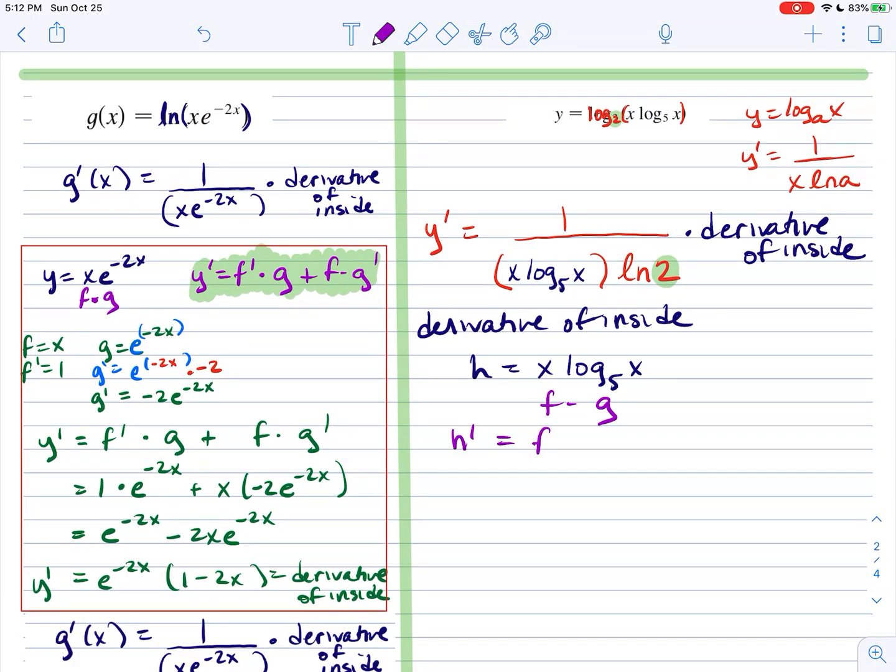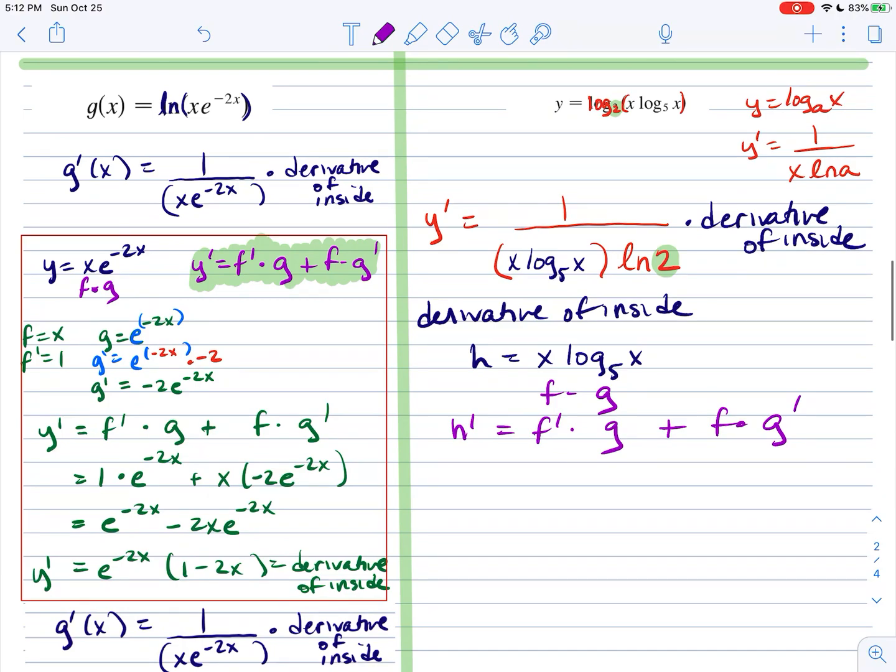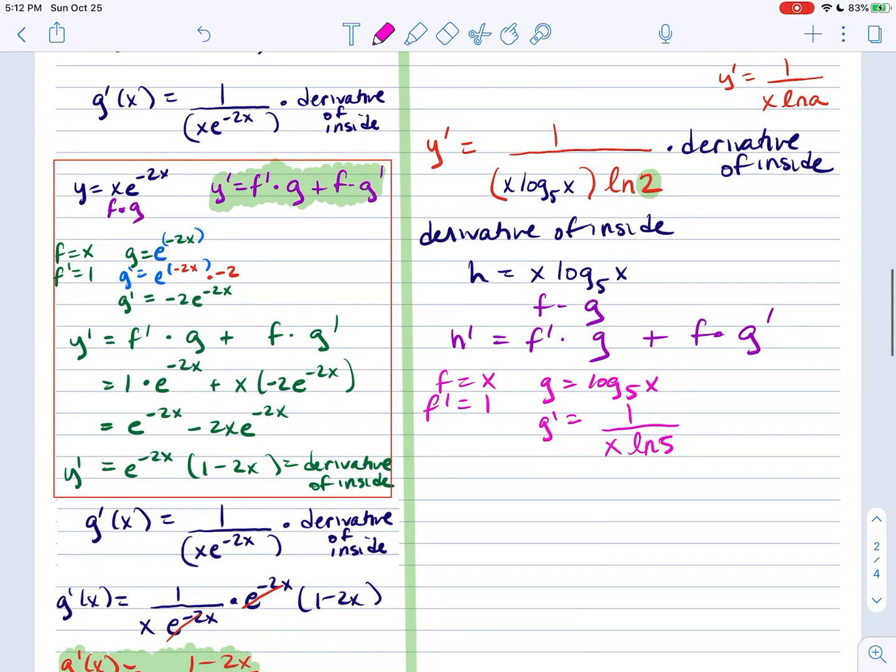This is another product rule, f times g, so I know that my h prime is going to be the derivative of the first times the second, plus the first times the derivative of the second. I can see here my f is going to be x, my f prime is going to be 1, my g here is log base 5 of x, and so my g prime is going to be 1 over x times the ln of 5, right?